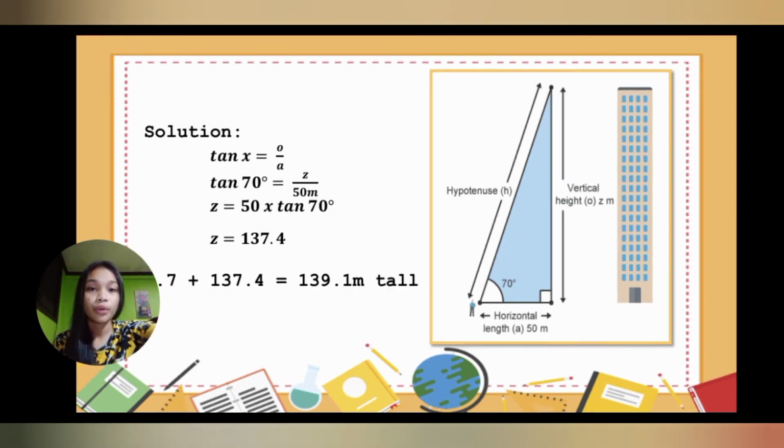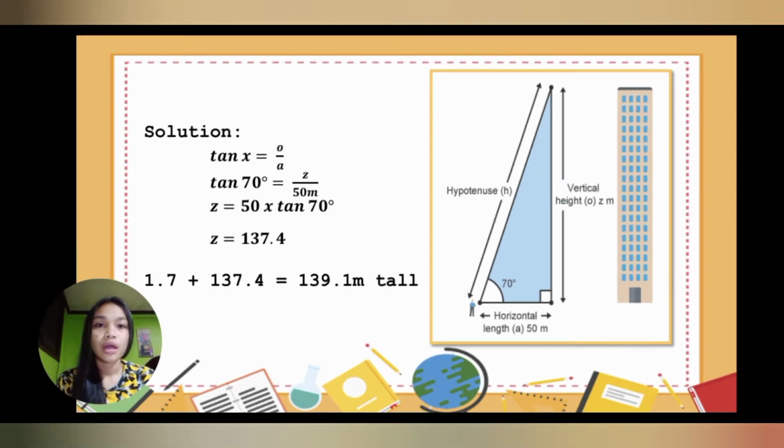So we have here our solution. We have our formula to find the height. Our formula is tan x equals O, which is the vertical height in our triangle, over A, which is the horizontal length in our triangle.